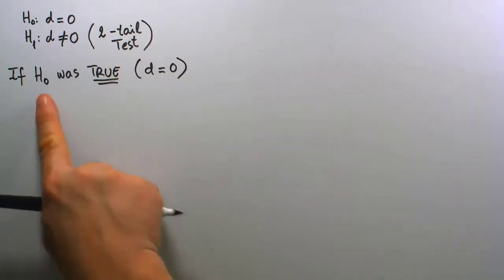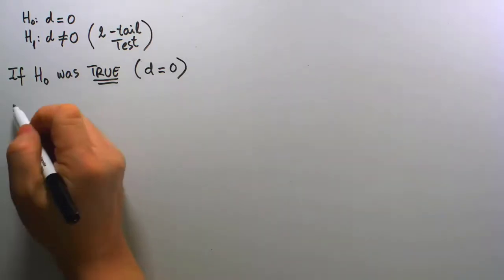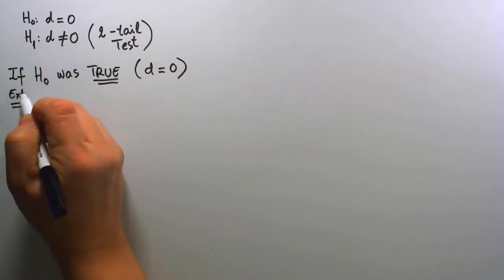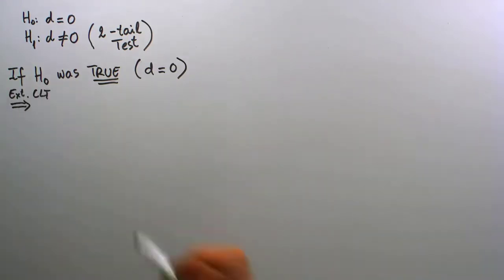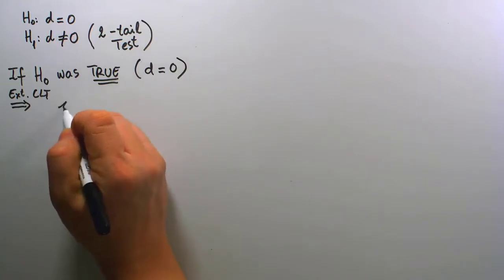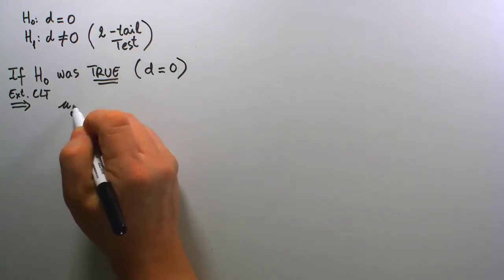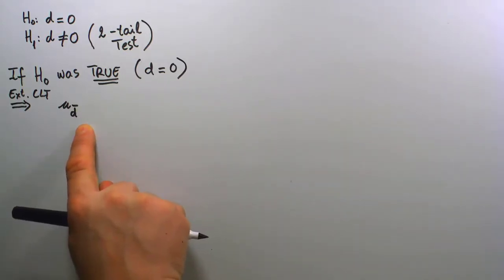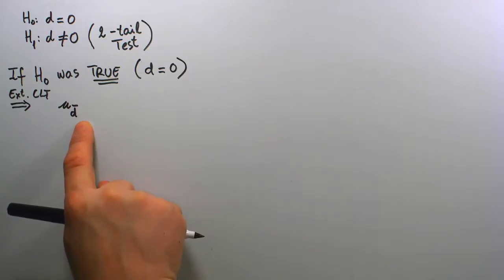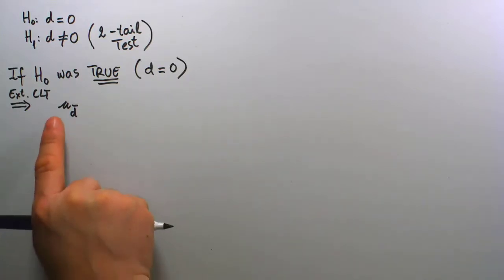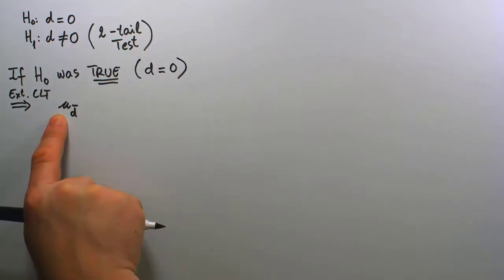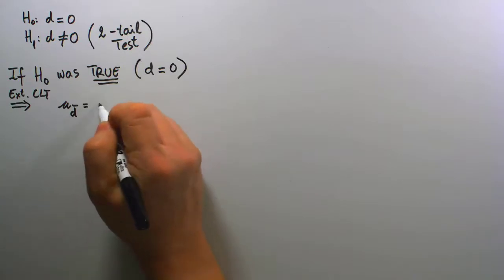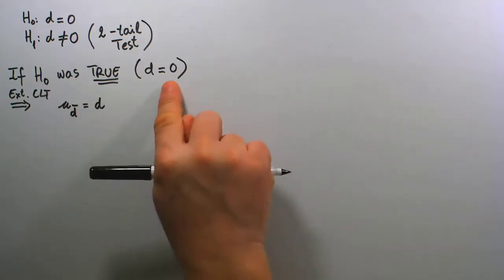So if that H sub 0 was true, then the extended central limit theorem, according to what we have learned briefly, guarantees us that the center of all d bar, of all sampling differences, because I've shown earlier that we already had a d bar, but our d bar is only one among infinitely many other d bars. And so the center, or the population mean of all d bar values, must equal d, and consequently in this case d equals 0.